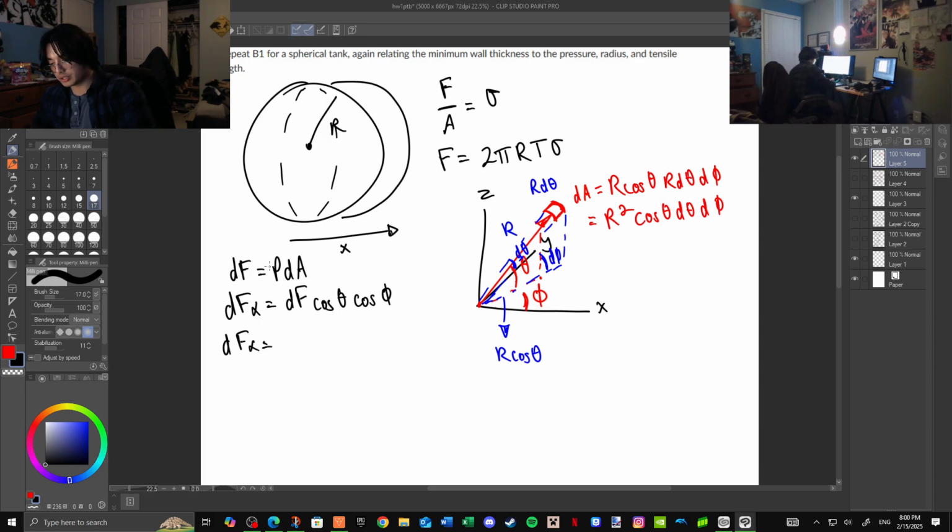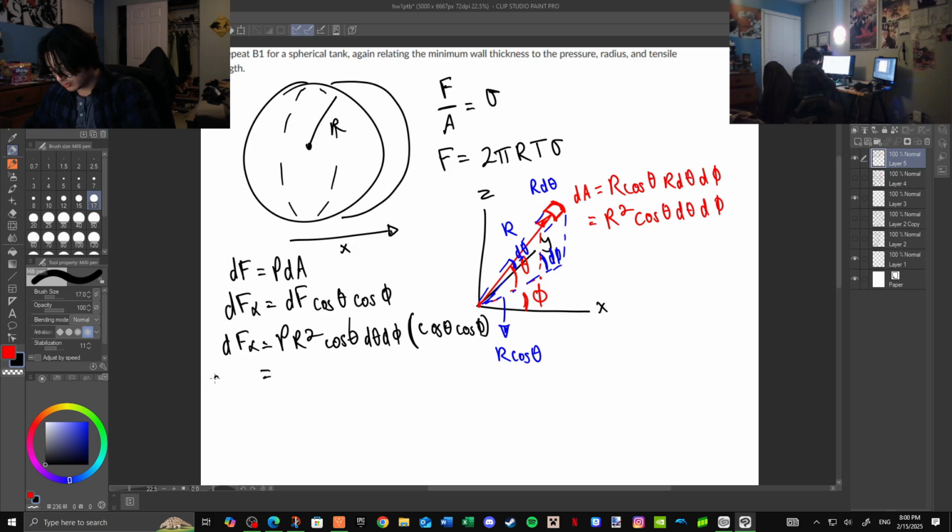We can rewrite this equation, dF is equal to p dA, but we already found dA, so we just plug that in place of that: cosine theta d theta d phi, and then we multiply it by cosine theta times cosine phi.